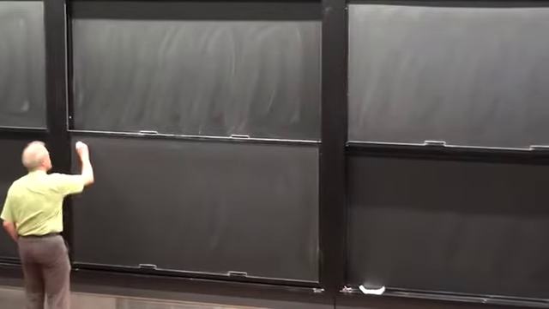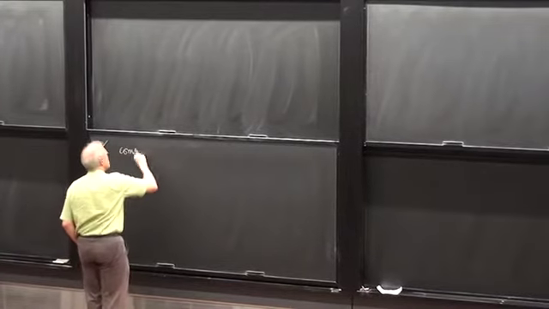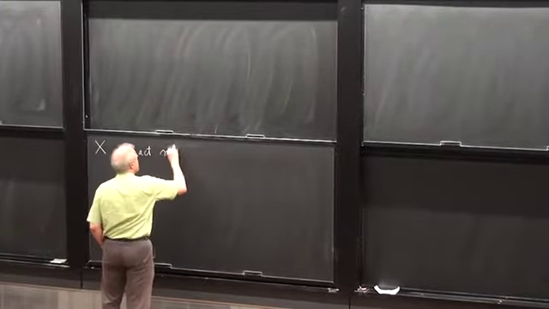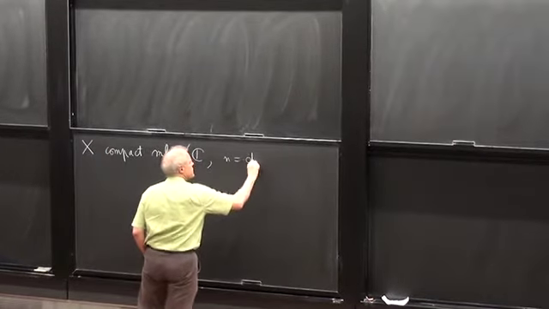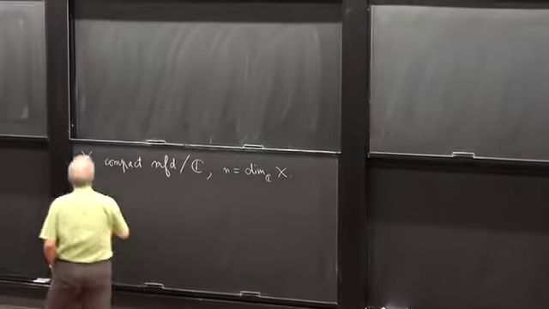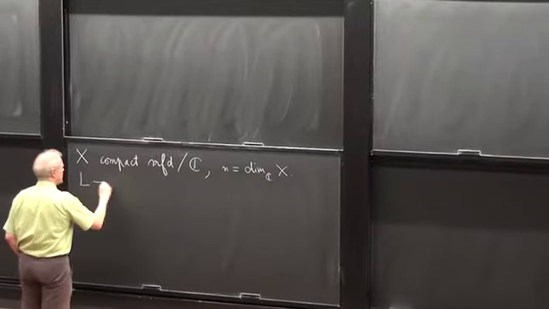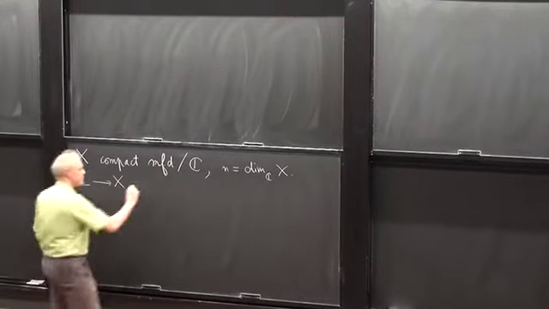So let me start with very basic definitions. X throughout the talk will be a compact complex manifold, with n as dimension. And we consider L over X a holomorphic line bundle.